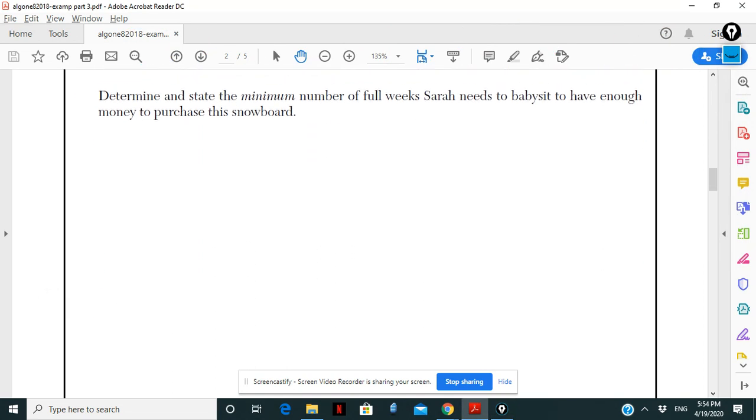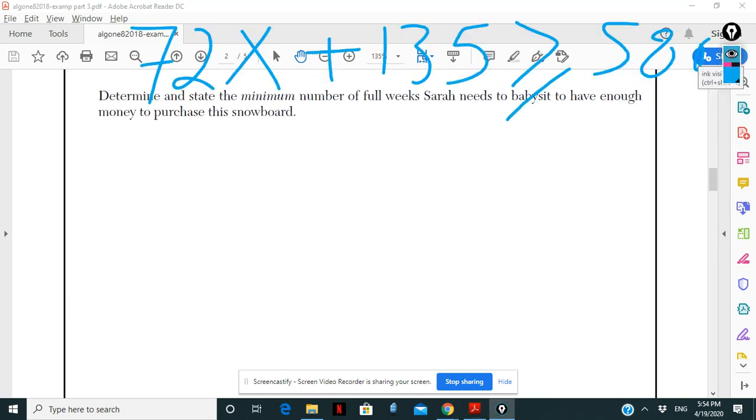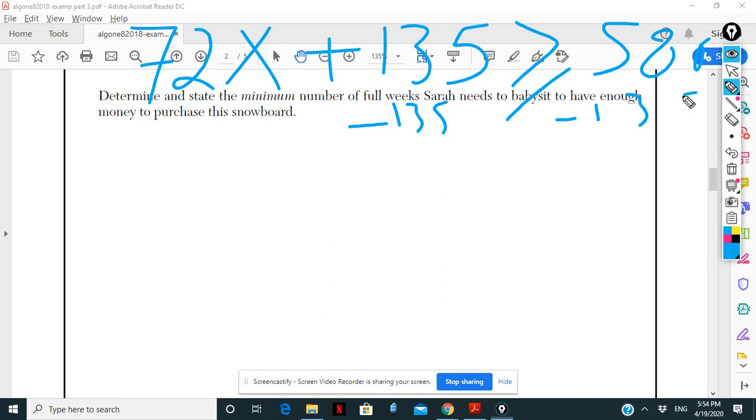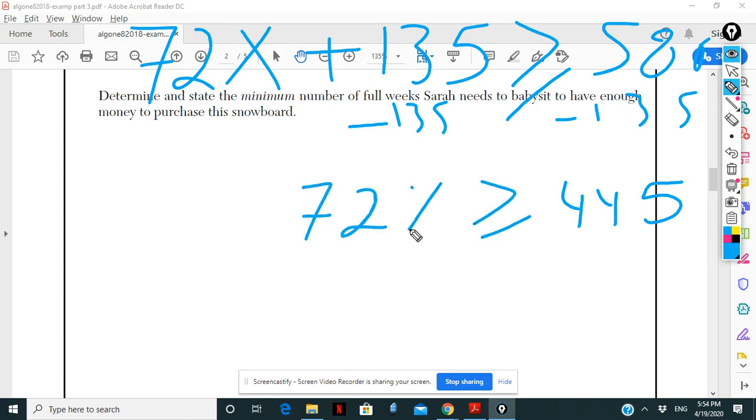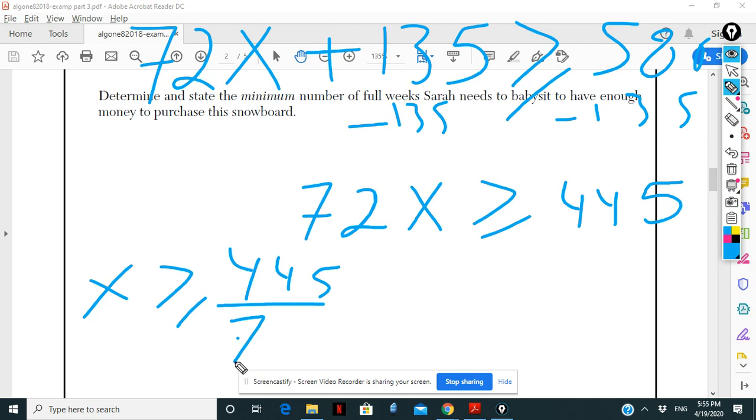Okay, now determine the minimum number of weeks. So we want to solve it. So minus 135, minus 135. So that's 445 is less than or equal to 72x. So x should be more than or equal to 445 divided by 72.